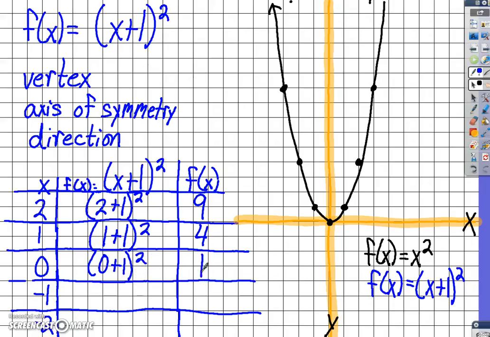What about negative 1 now? Negative 1 plus 1 is 0, and 0 squared is 0. What about negative 2? Negative 2 plus 1 is negative 1, and negative 1 squared is 1. If we take a look, we can start to see some symmetry right here.